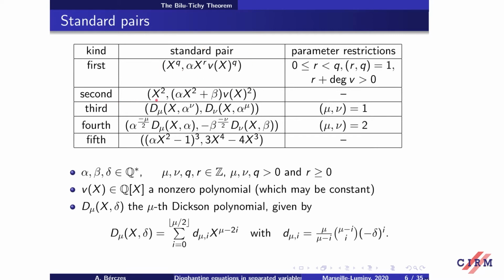The second type is x squared and (alpha x squared plus beta) times (v x) squared, where here alpha, beta are non-zero rational numbers, and the third and fourth types of pairs are defined using the Dickson polynomials. And finally, there is the fifth pair, where there are not many restrictions on the parameters. So these are the possibilities.